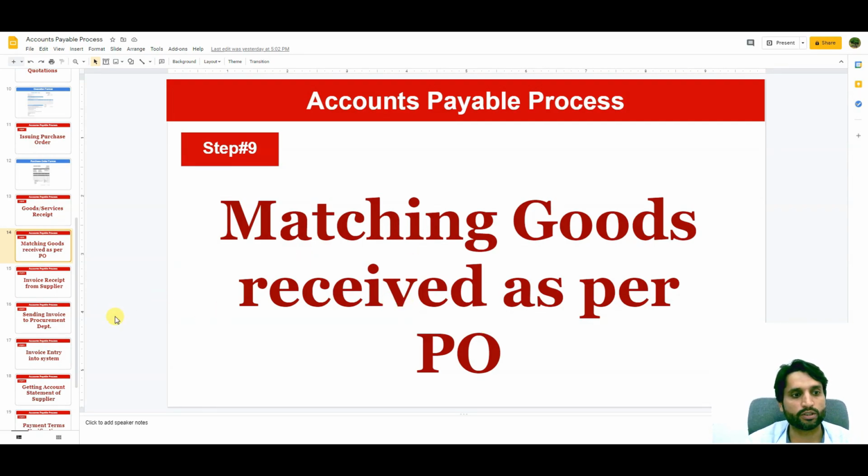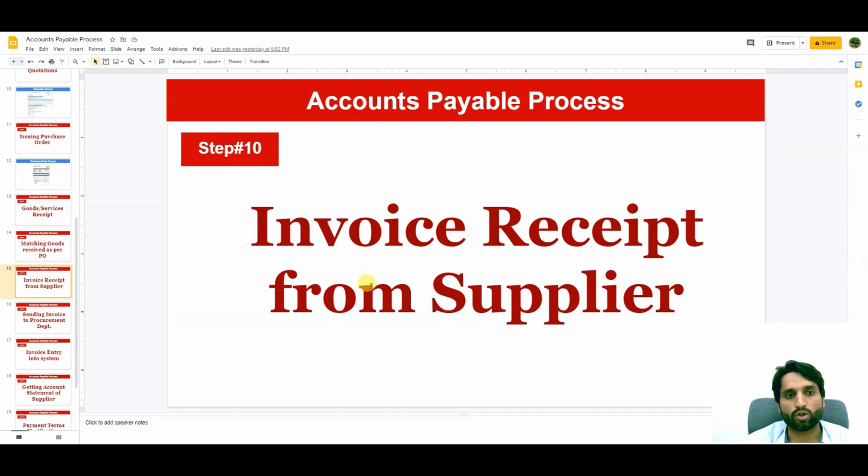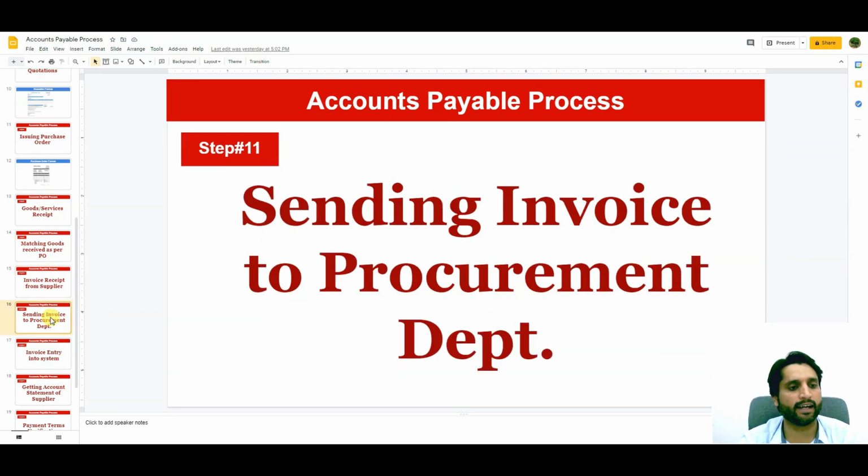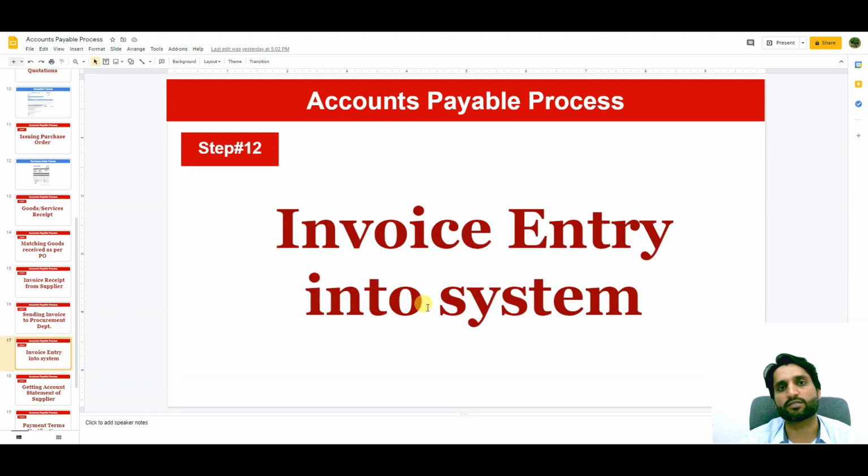After receiving the goods, the supplier is going to send an invoice. So the accounts department receives the invoice from the supplier, and after that the accounts department will send this invoice to the procurement department to make sure that the material was received according to the purchase order, and after that the invoice will be entered into the system.